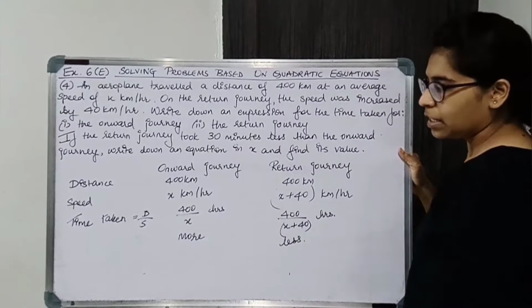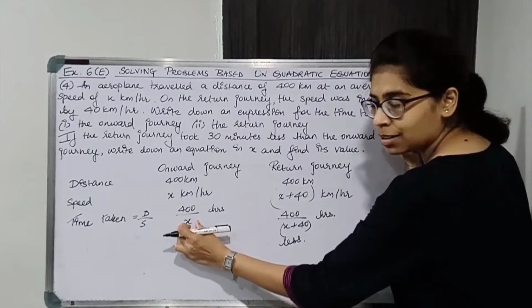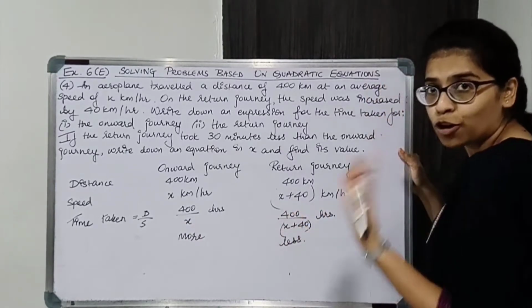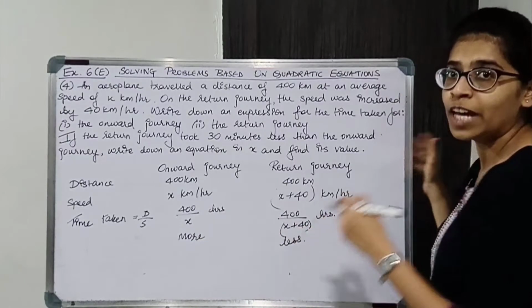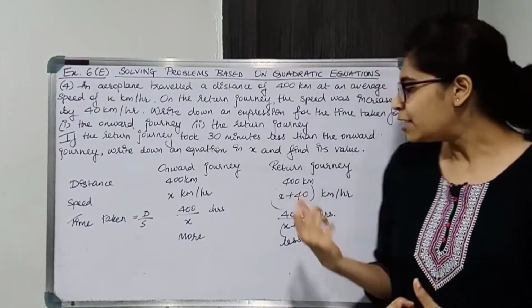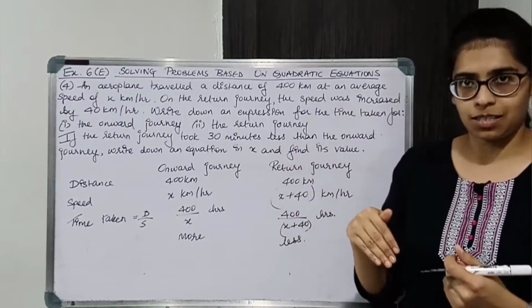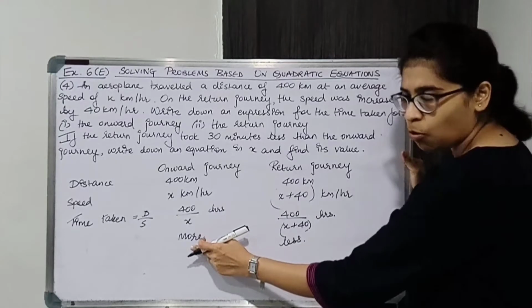Check: numerator is the same. Denominator is x here, and here it is x plus 40. Here the denominator is less, here the denominator is more. So when the denominator is less, the answer will be more, and when the denominator is more, the answer will be less. So this one is less time, this one is more time.